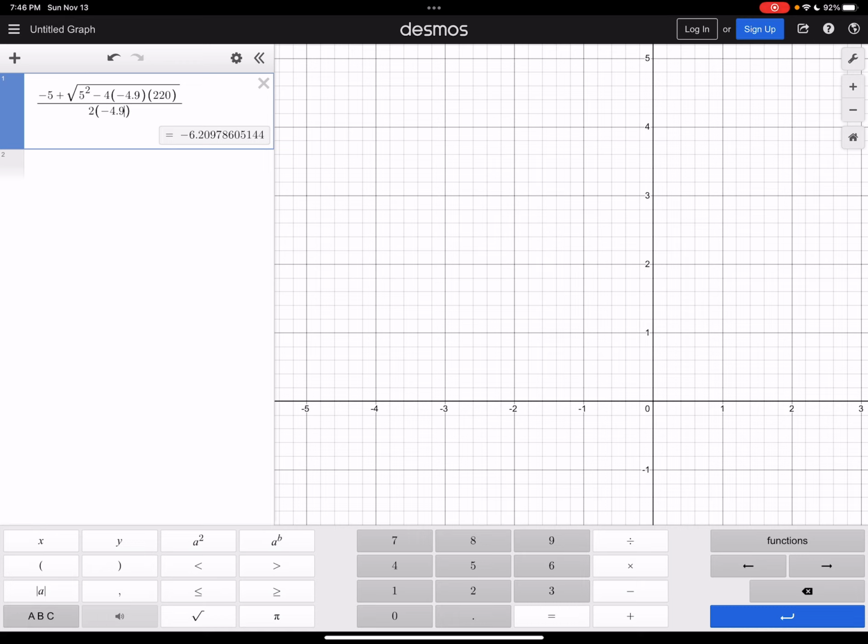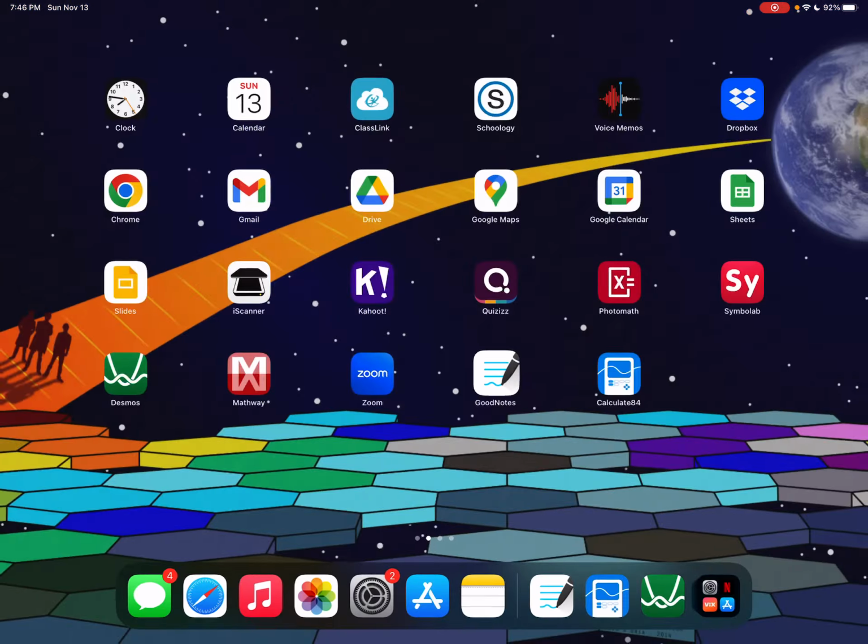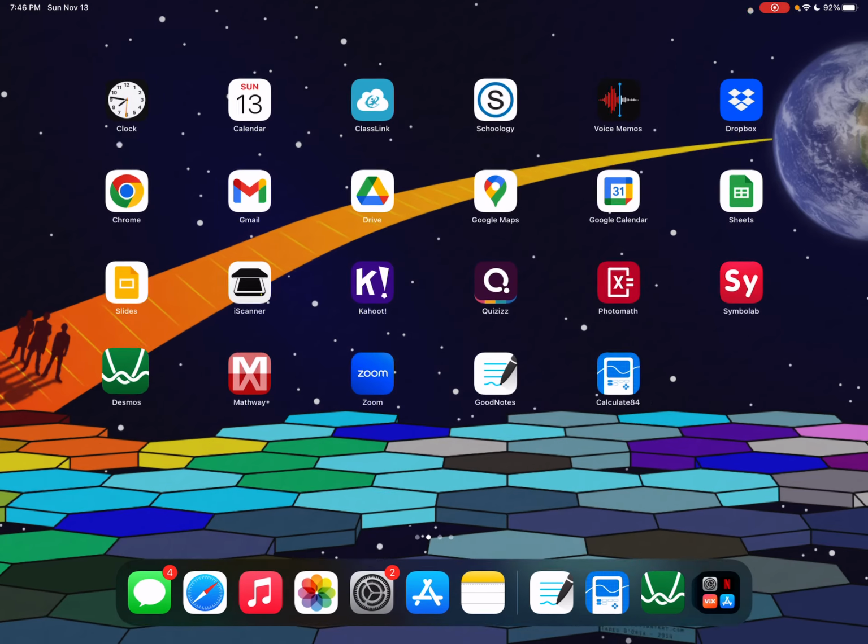Okay, so I get negative 6.21. Let's just round that. Equals negative 6.21, or if I change this to a minus, I get 7.23.